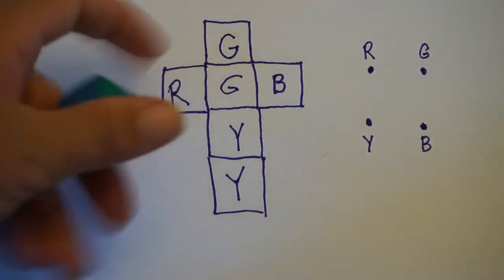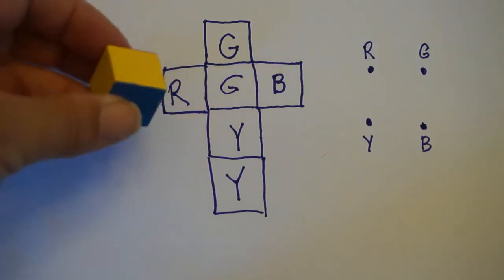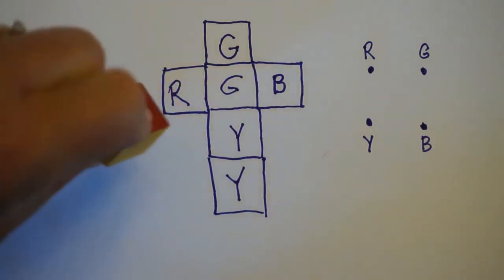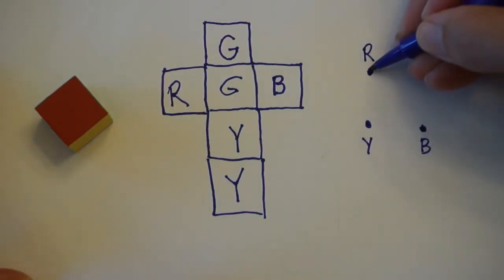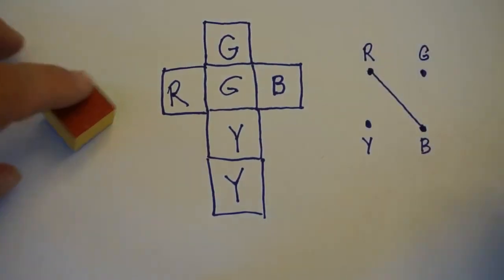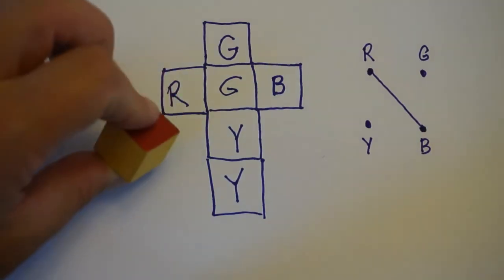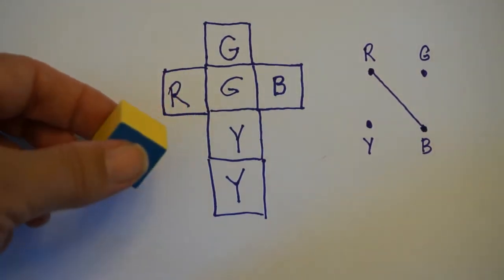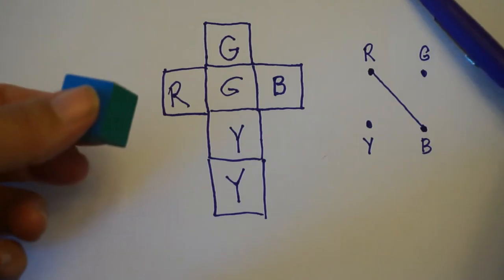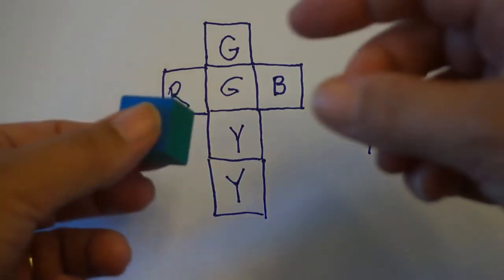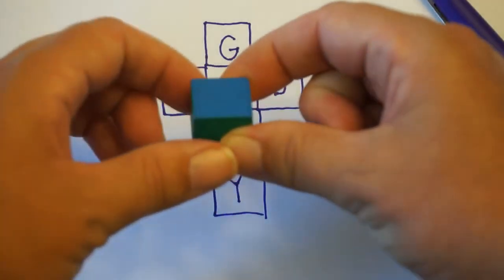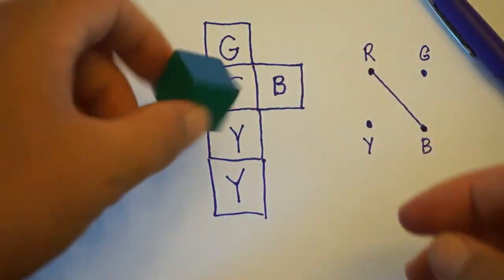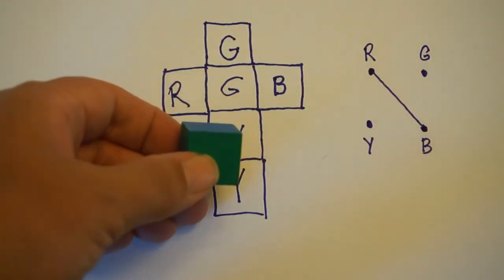No matter how I twist this and spin it, blue and red are opposite each other. So I'm going to put in an edge connecting red to blue. So I've taken care of that axis, or that pair of opposite sides. Then don't I also have green to yellow, which are opposites? And no matter how I spin this around, I'm going to get green to yellow.